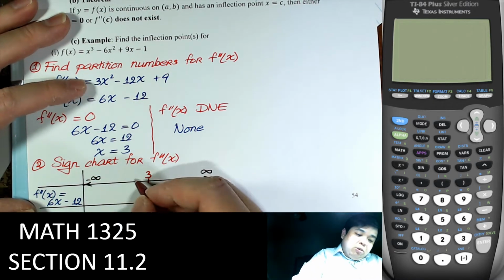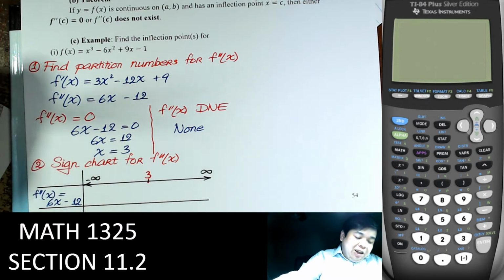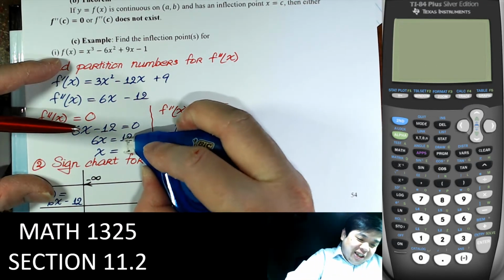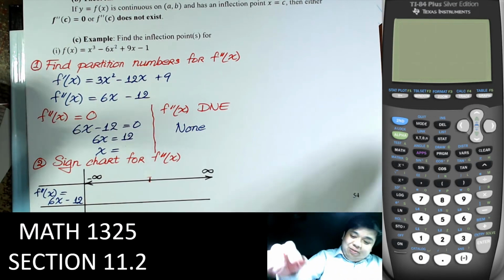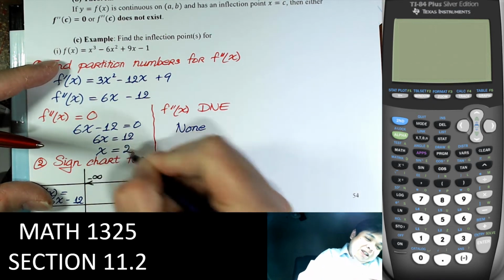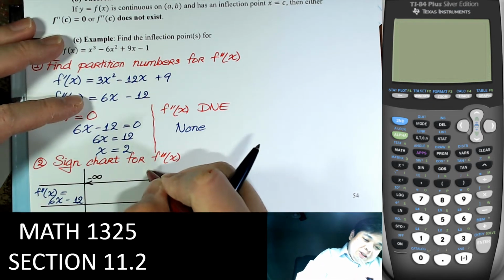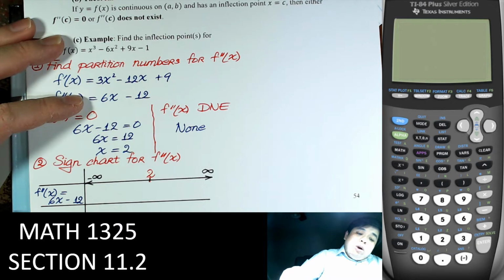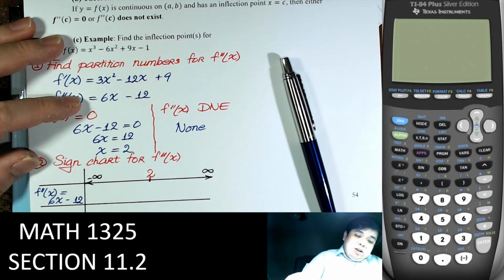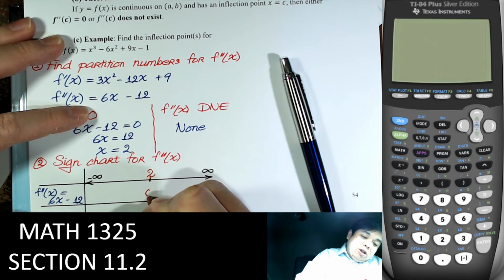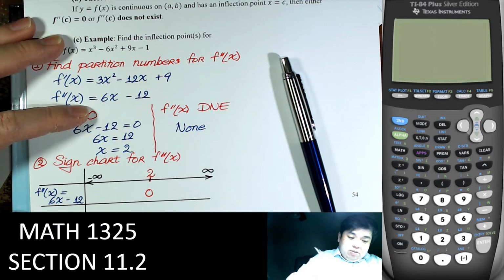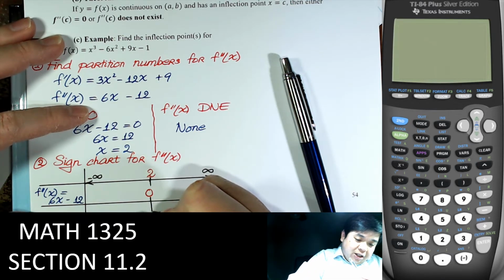When x equal to 2, the second derivative equal to 0, and we divide like this.